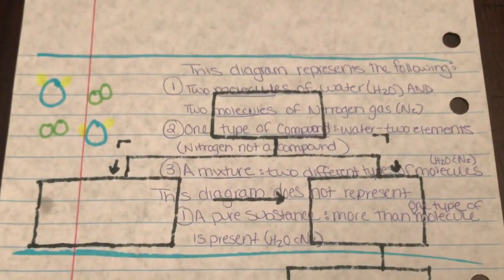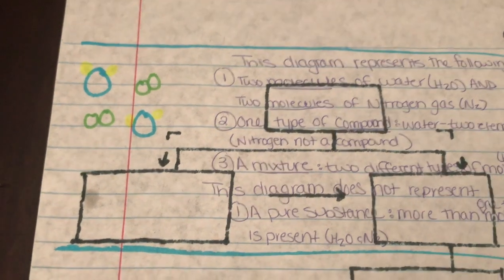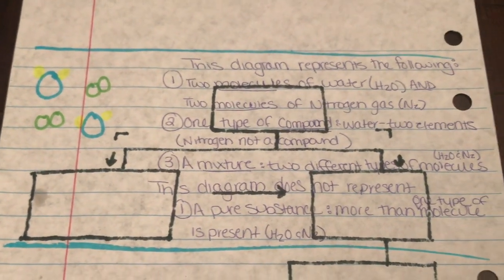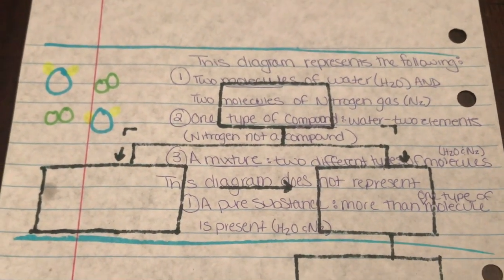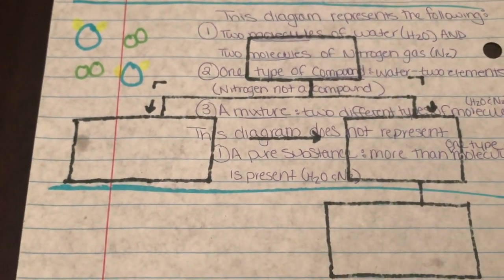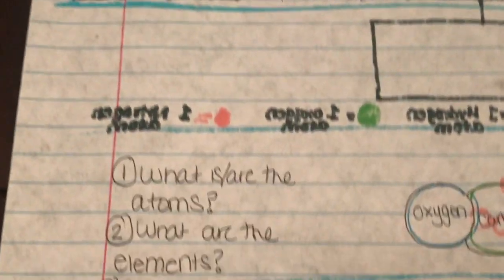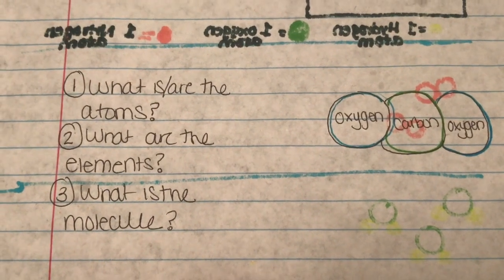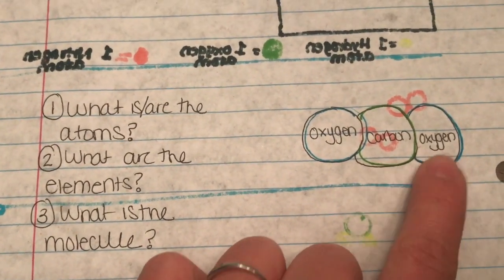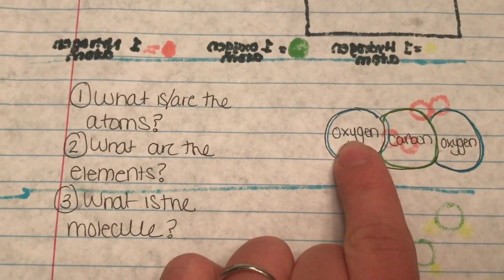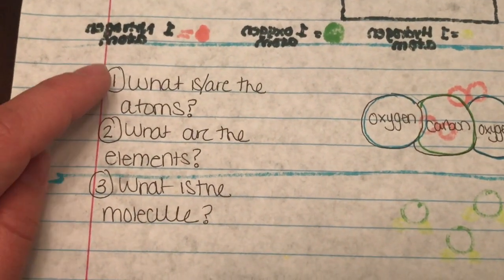So what I would like you to do in your notes after you've copied all of that down, and feel free to pause whenever you need to so that you can copy things down and take your time, is draw me this picture: carbon in the middle, 2 oxygen on the outside, and then write down these questions.